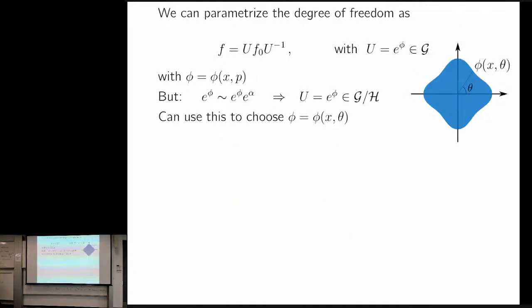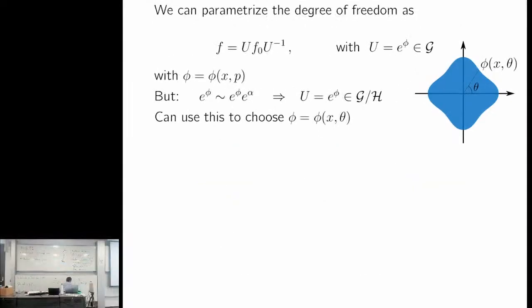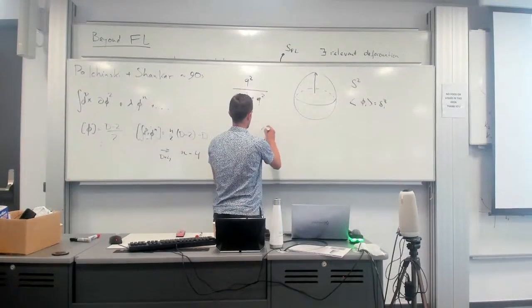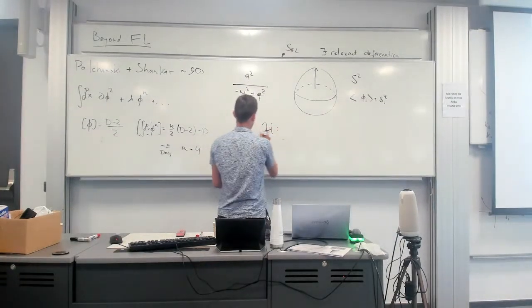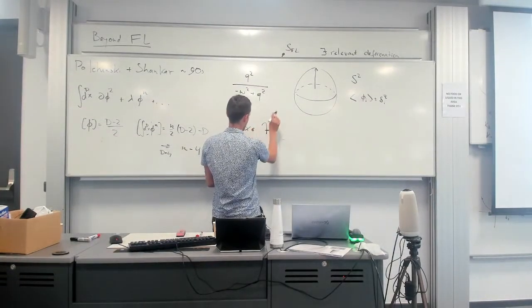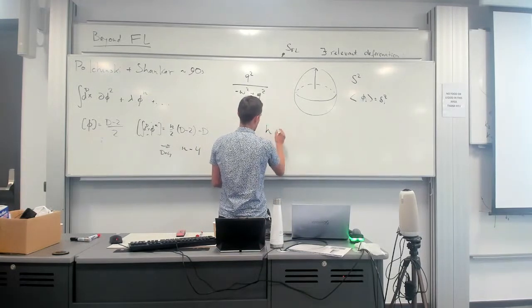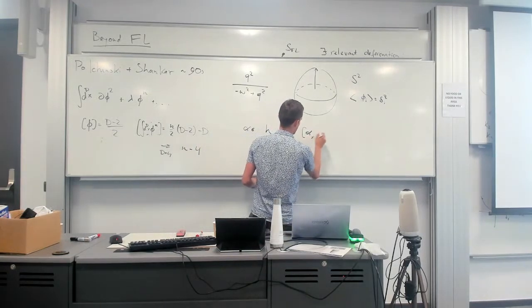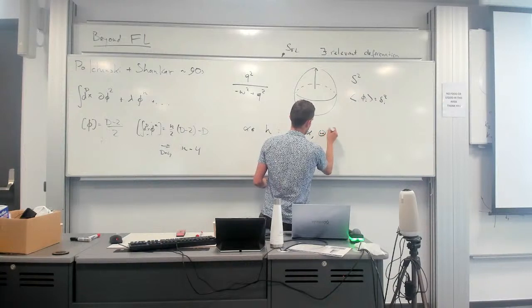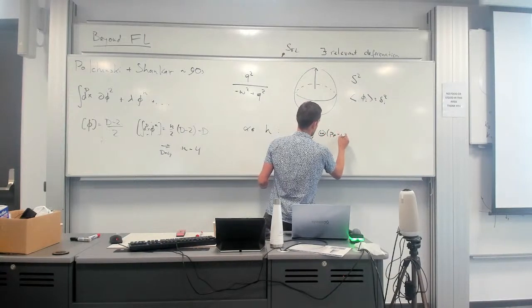Yeah, maybe let me write this. What is the stabilizer H? So alpha in the algebra will satisfy the commutator of alpha with F0, and let's put this Fermi surface rest.